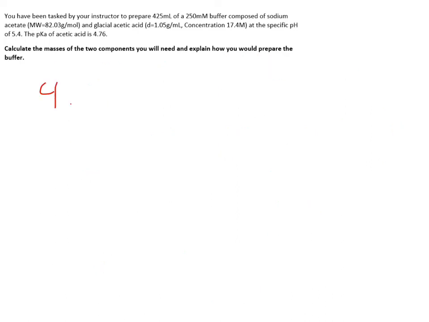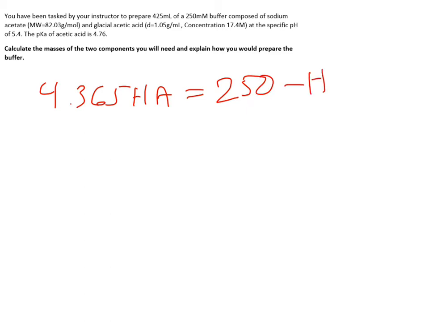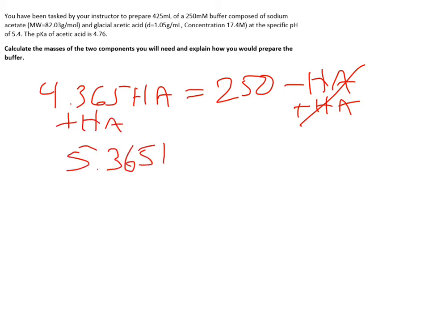So we get 4.365 HA is equal to 250 minus HA. Now what we can do is add HA to both sides to cancel there. 5.365 HA, because remember HA here is just 1 HA. 1 HA plus 4.365 HA is 5.365 HA equals 250.